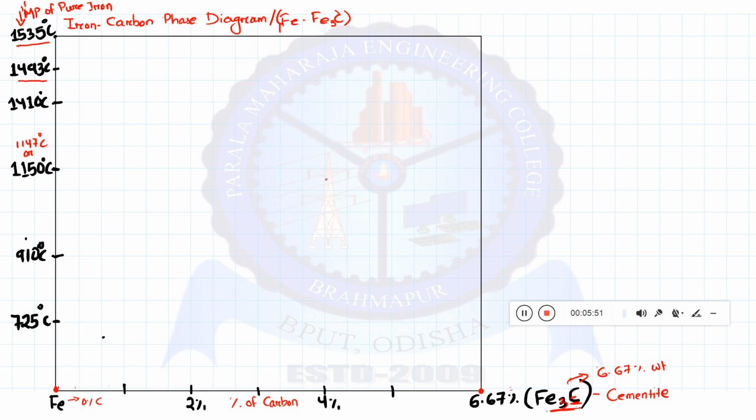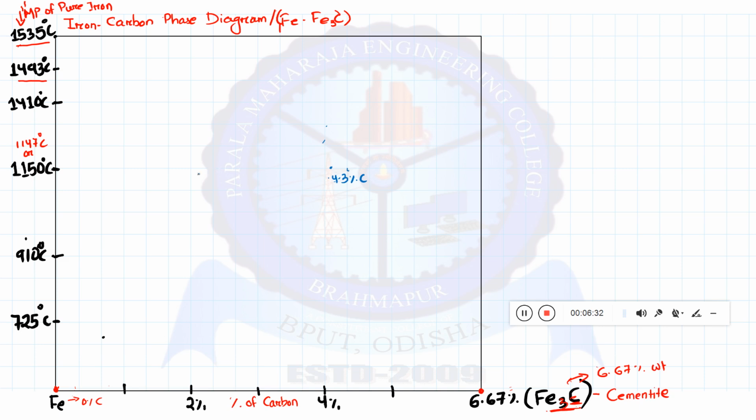So the eutectic point is at 4.3 percentage of carbon.